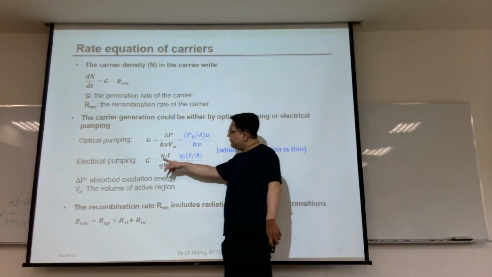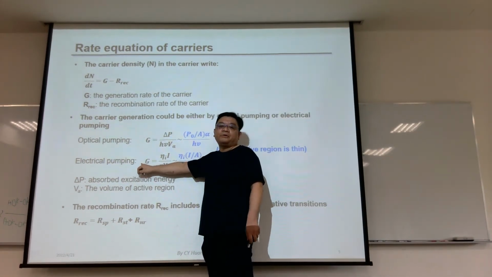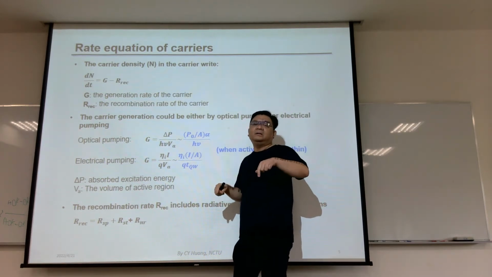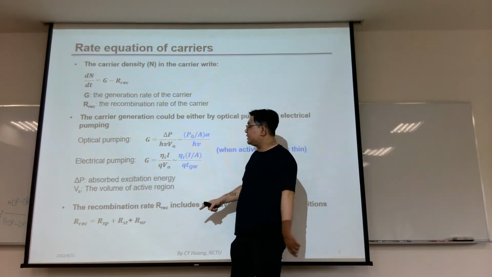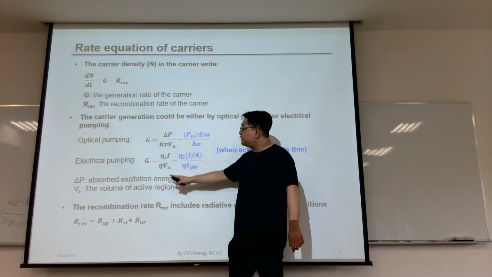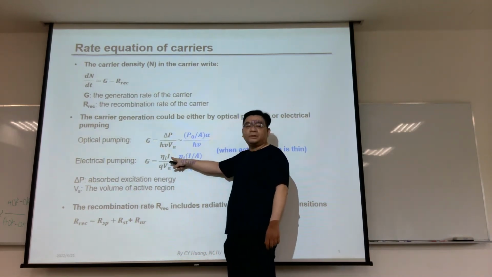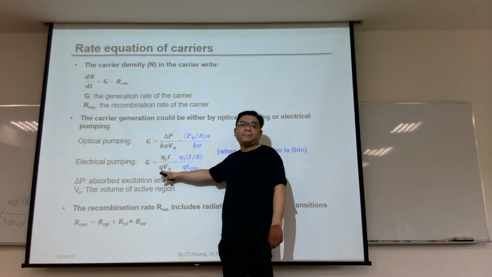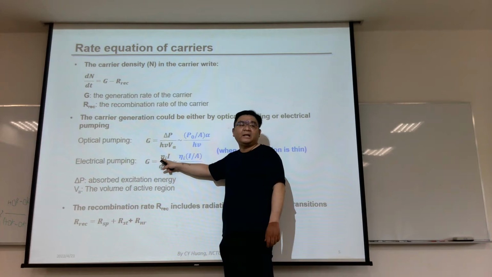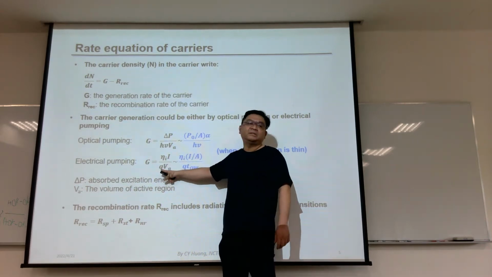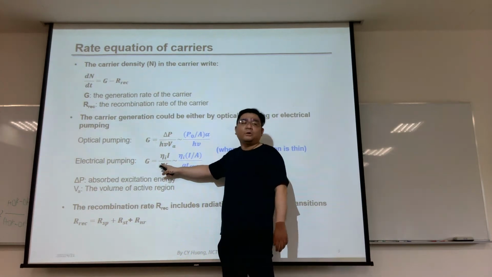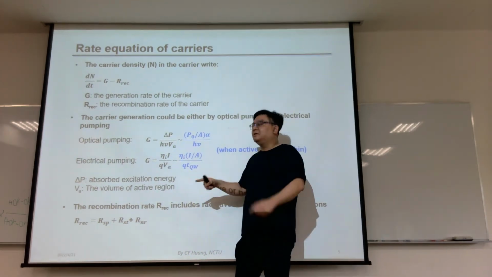However, if you generate carriers by electrical pumping, that means you put the power on and inject current. So for electrical pumping, the generation should be total current divided by q, because this is the charge of one electron, so I divided by q is the number of electrons or holes injected from the electrode.